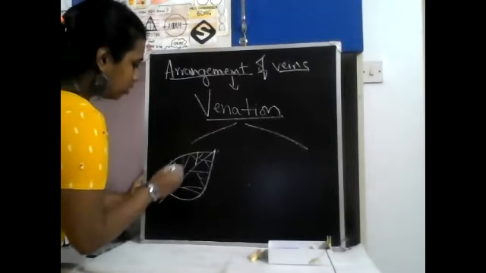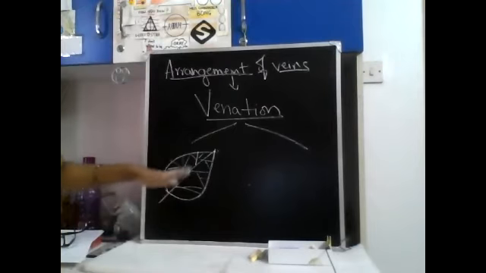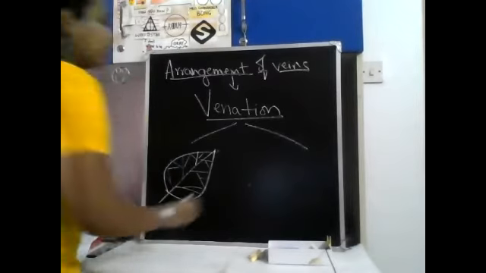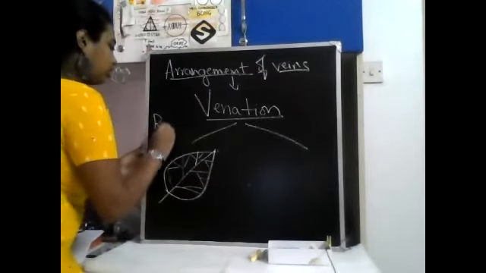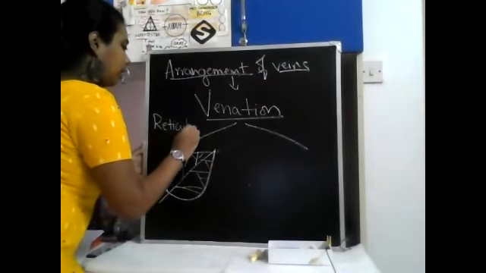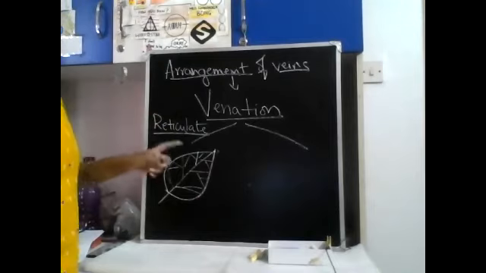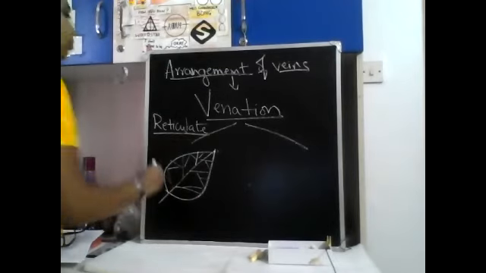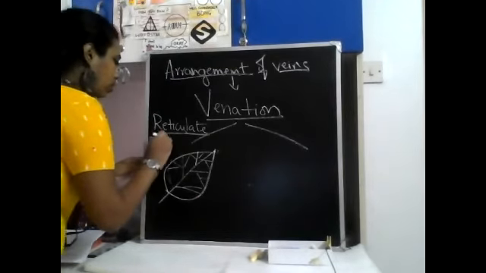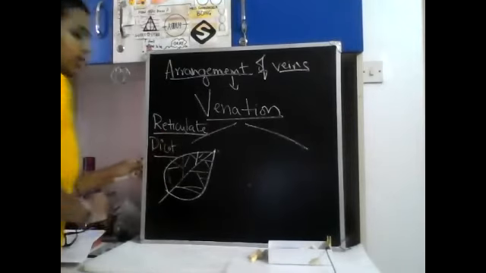So this network of veins, this arrangement, is called reticulate venation. Reticulate venation is a network arrangement of veins, and it can be seen in all dicot plants.